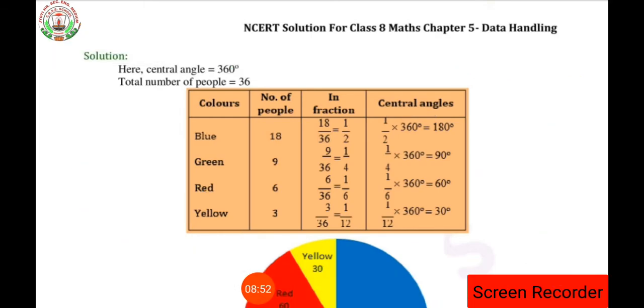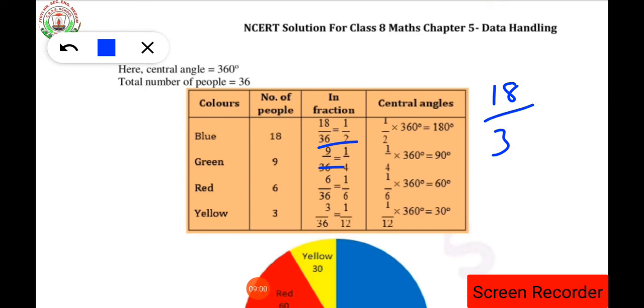Or if you want to calculate according to this, then you can calculate this way also. First we had already divided: 18, the number of people who like blue, upon the total number of people, 36. Cancelling this number by the table of 2, 3, any table you can cancel, whichever table is suitable. When we cancel by the table of 9, 9 ones are 9 and 9 twos are 18.